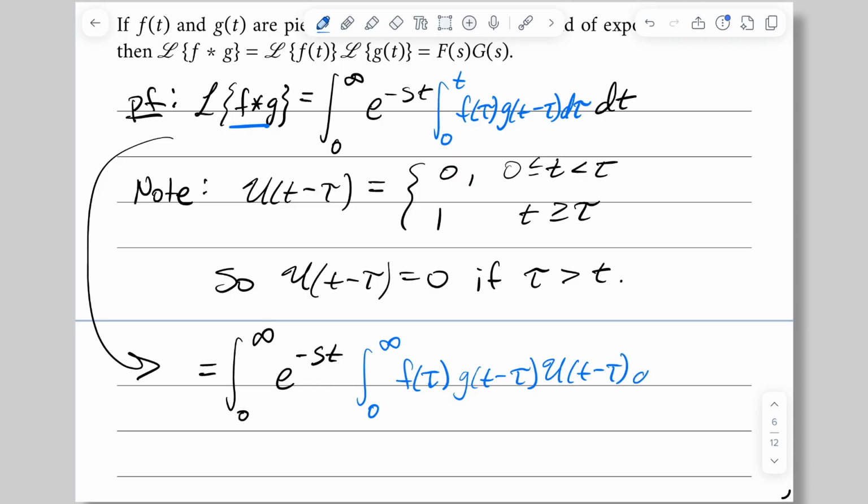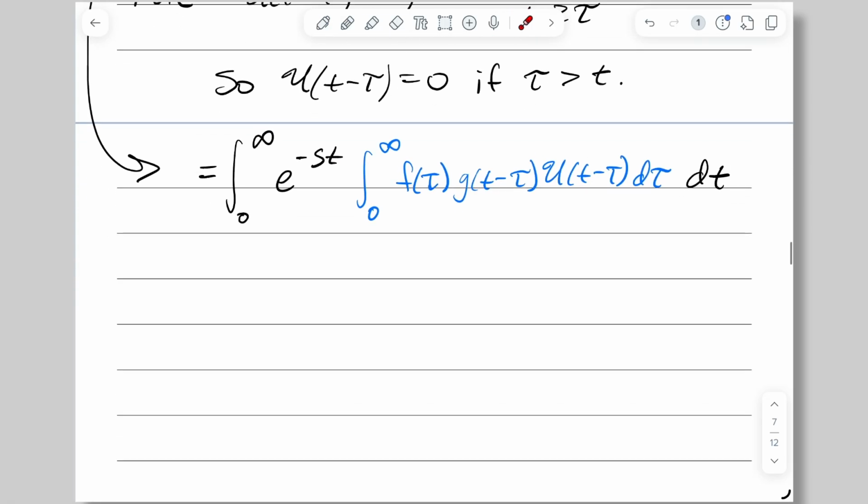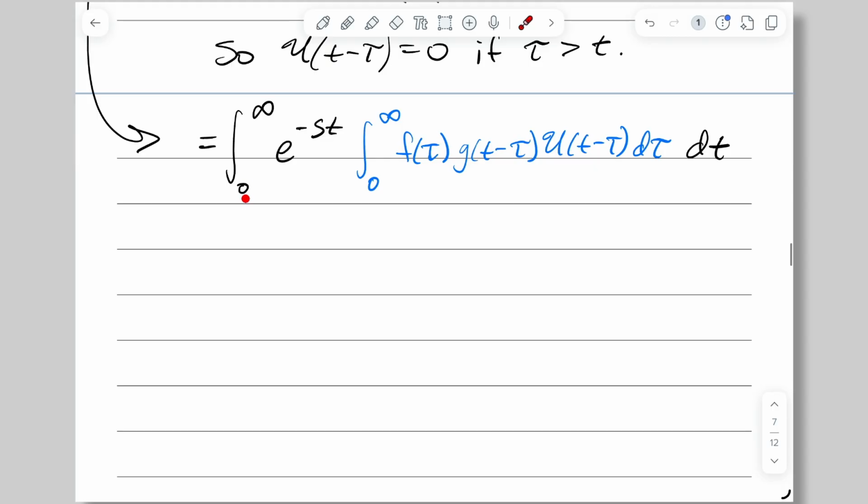The convolution integral is with respect to tau, and the transform integral is with respect to t. Now that we have both integrals with limits going from 0 to infinity, we can reverse the order of integration, without having to mess with the limits.